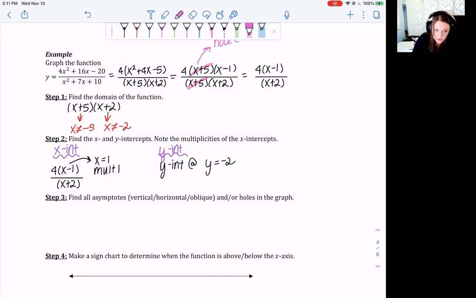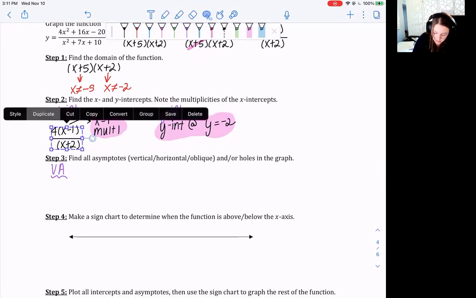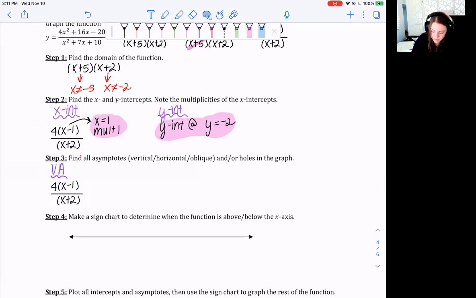I have to go a little bit quick here if I want to get through both of these problems, so I'm just going to tell you. For the vertical asymptote, you are only looking at the completely factored and canceled form. So you don't have an asymptote at -5.